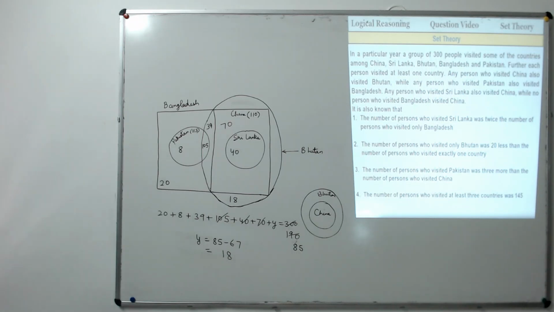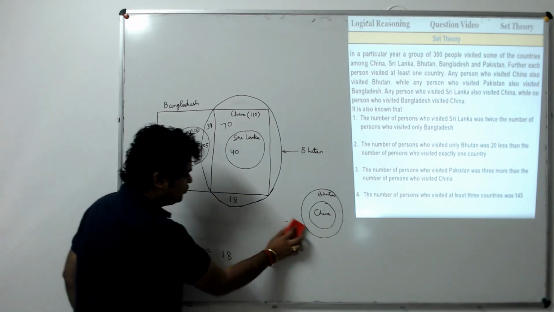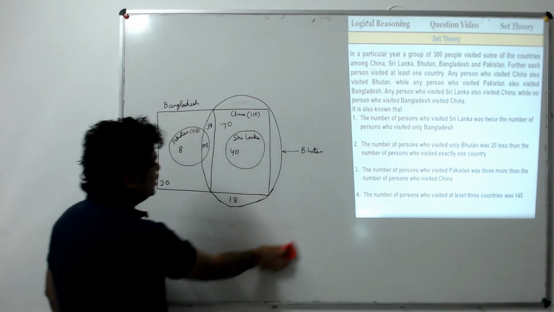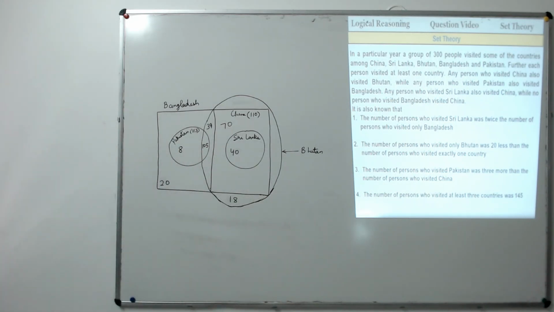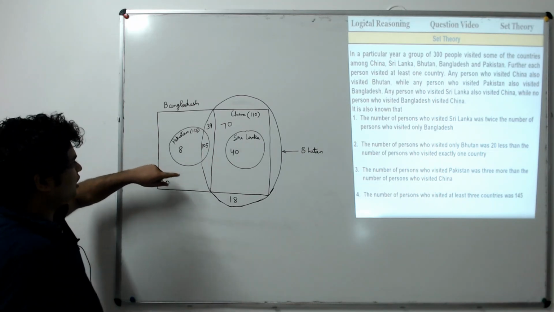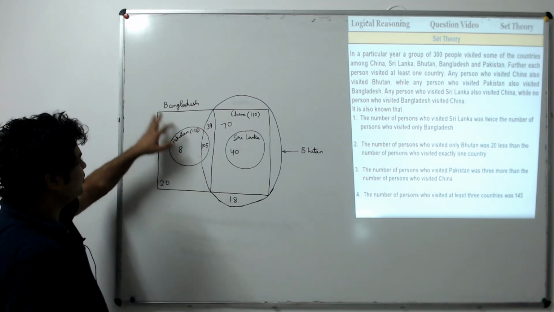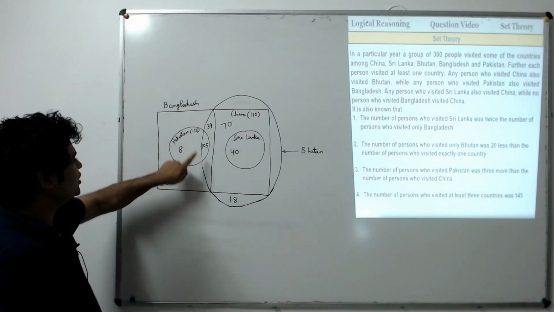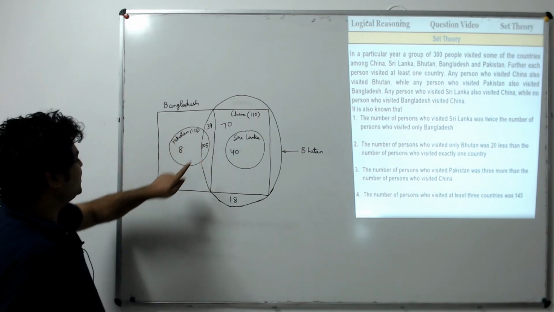Every component of the set theory has been solved, and now we can go to the questions to get the answers. So how many people total visited Bhutan? We can also go for Bangladesh. So 113 people visited Pakistan, and 39 plus 20.